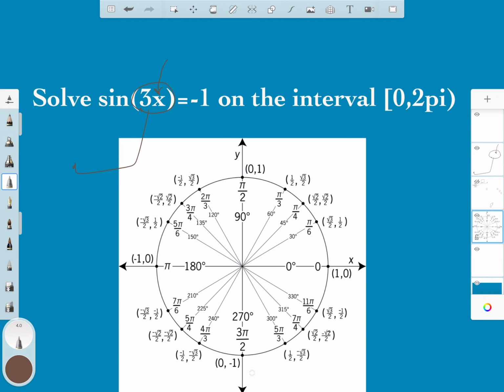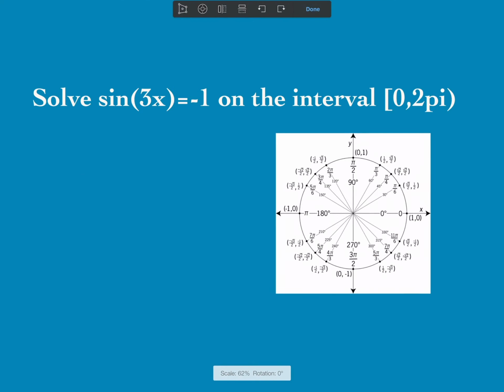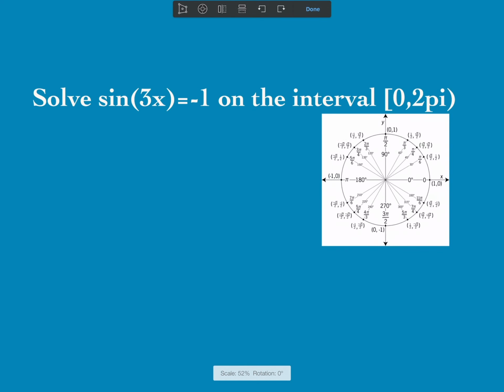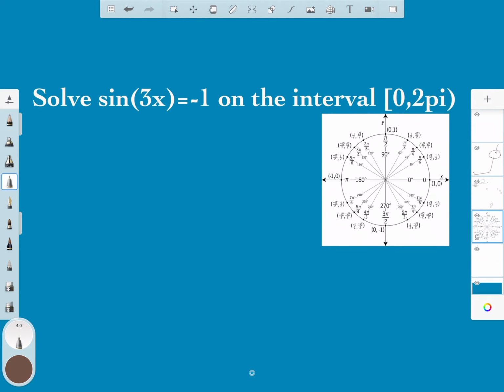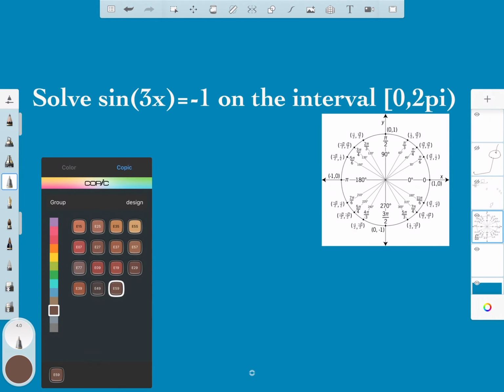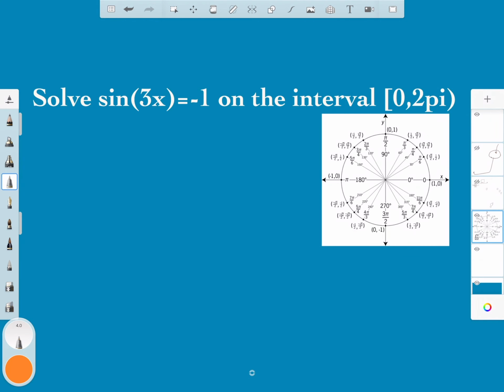So I'm gonna make the unit circle smaller, put it here, change the color. So sine of 3x equal to -1. This means 3x must be equal to 3 pi half.